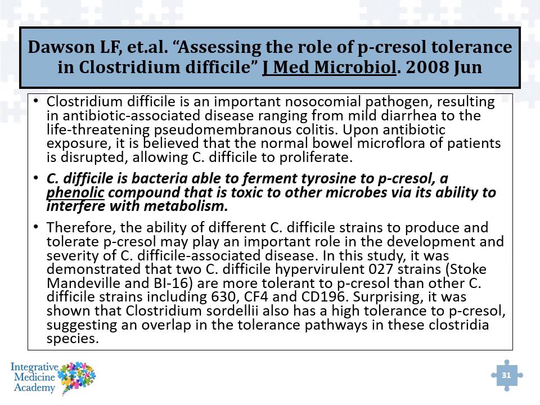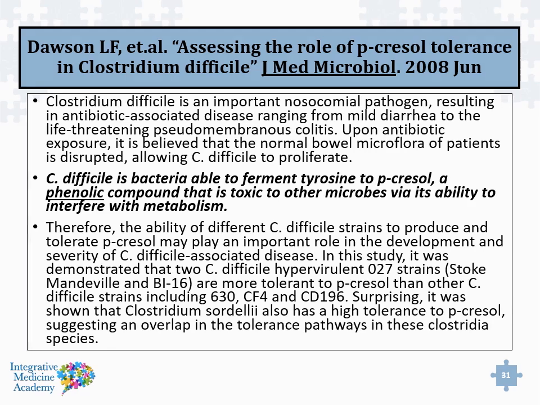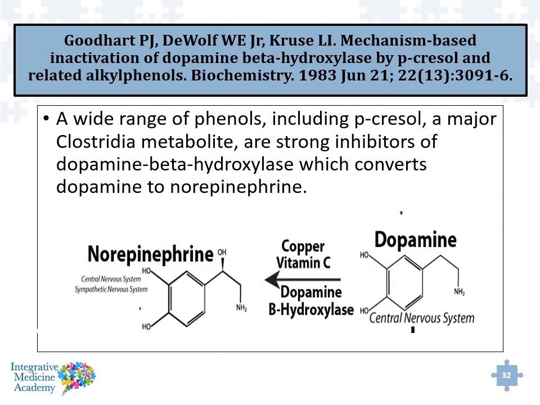4-cresol is another bacterial phenol chemical that is produced by certain Clostridia, and they're toxic. Essentially what they could do is interfere with metabolism again of dopamine. And so what ends up happening is these bacterial phenols, the 4-cresol, the HPHPA, can interfere with dopamine beta hydroxylase.